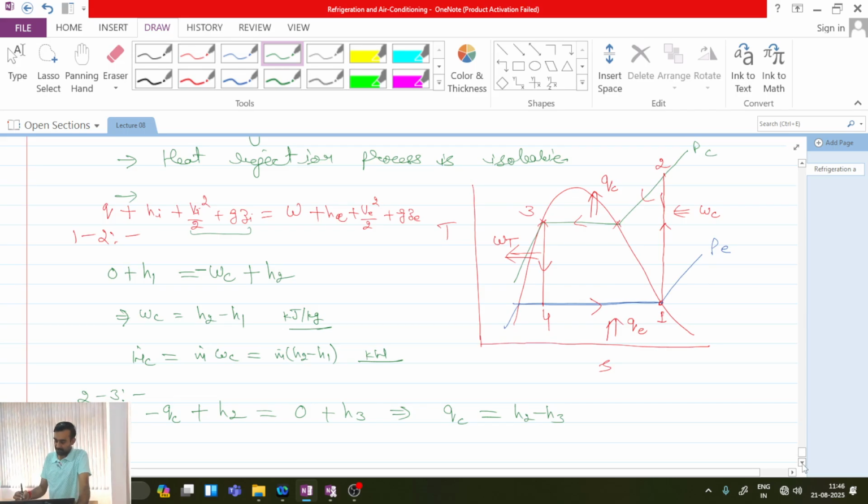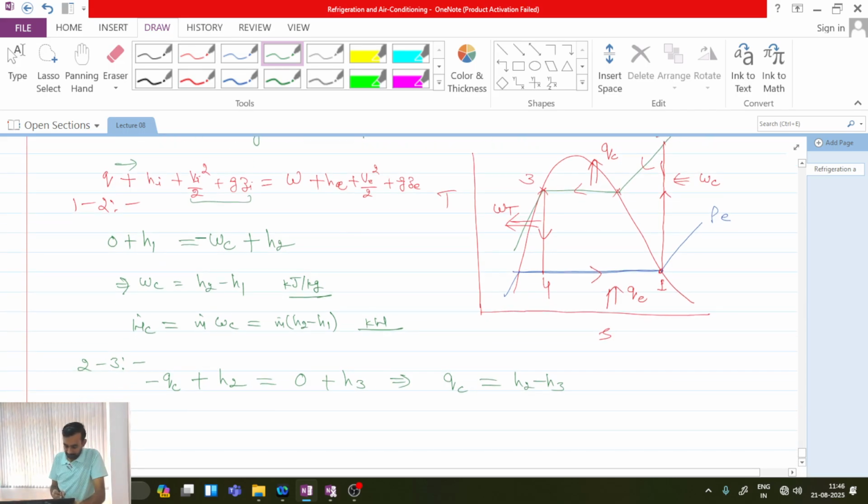Go to process number 3 to 4. There is no heat. H3 is the incoming enthalpy. Work is done by the turbine, which is considered positive. Wt plus H4. From here, Wt will become equal to H3 minus H4.